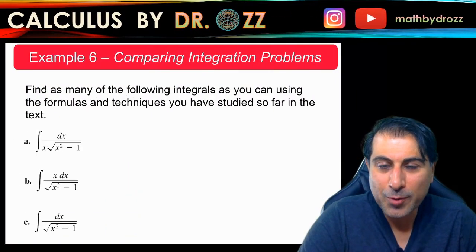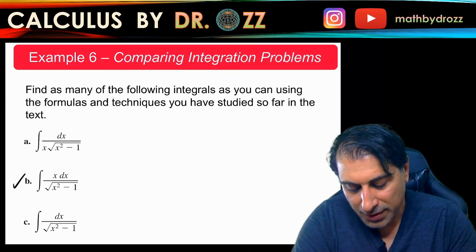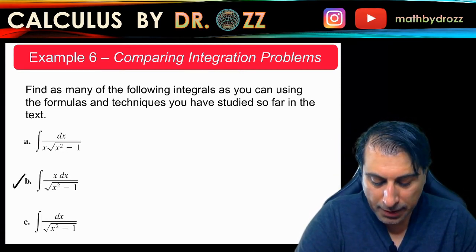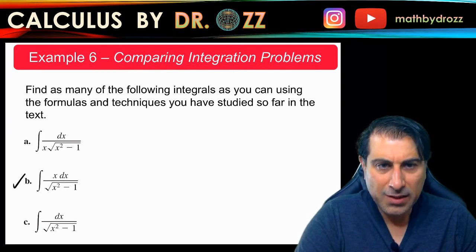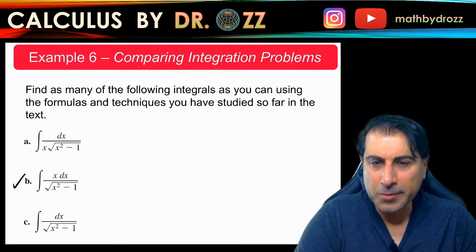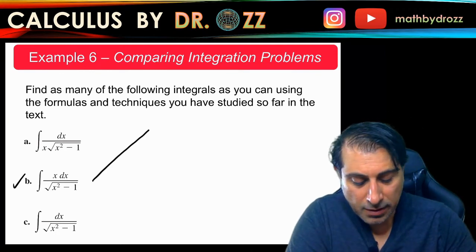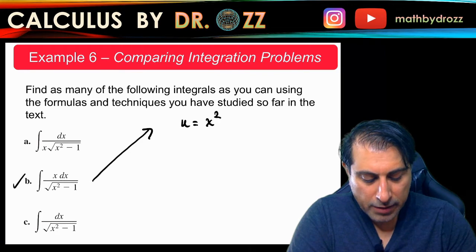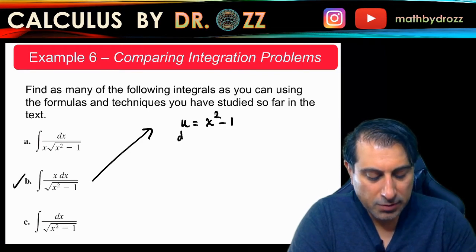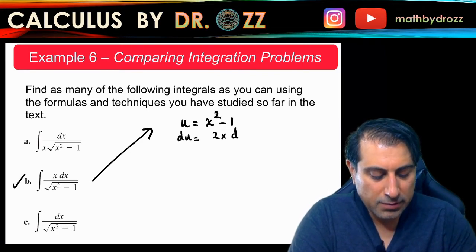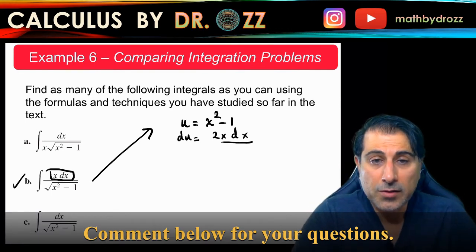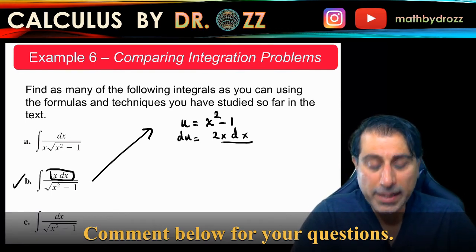All right, let's look at part B. We have x dx over the square root of x squared minus 1 in the bottom. This doesn't look like one of the formulas in the first learning objective, so this is a good u-substitution problem, in fact. You can call u to be x squared minus 1 because du equals 2x dx, and I do have x dx at the top here, so that can be replaced by 1/2 du.